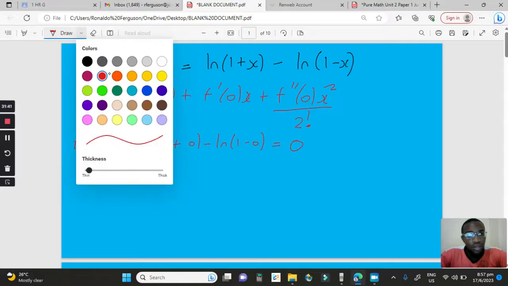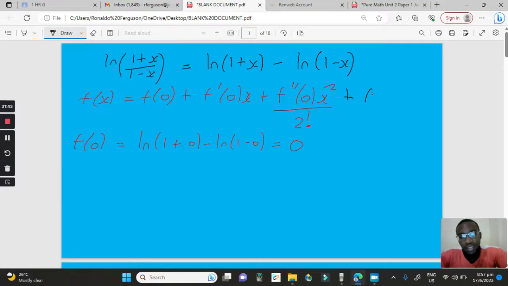So actually, we're going to need to continue and write f triple prime of 0 x cubed over 3 factorial, because the first term we notice is 0. That doesn't count as a term. Now, f prime of x: differentiate log(1 plus x) to get 1 over 1 plus x.